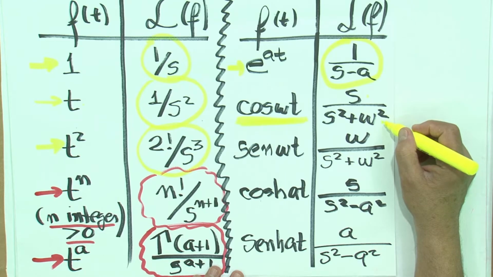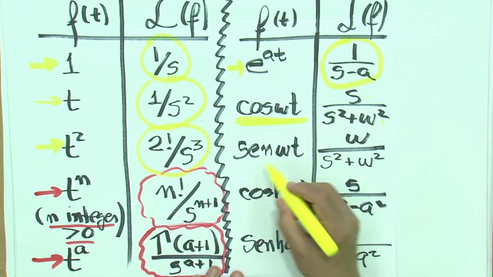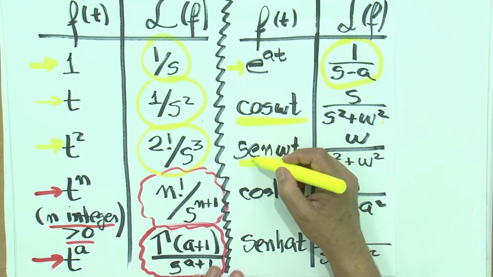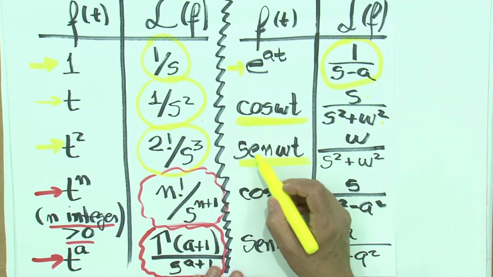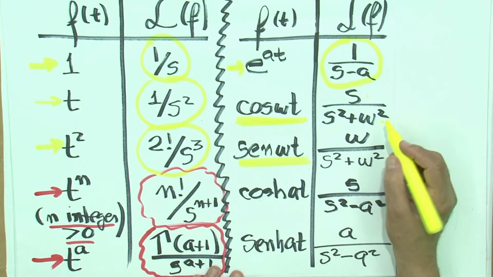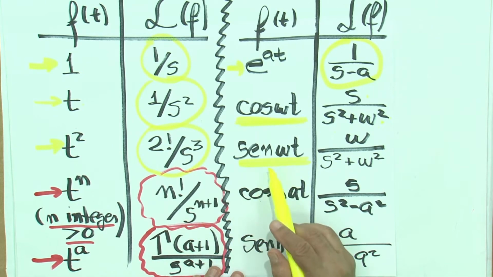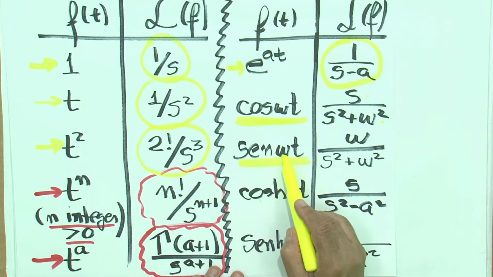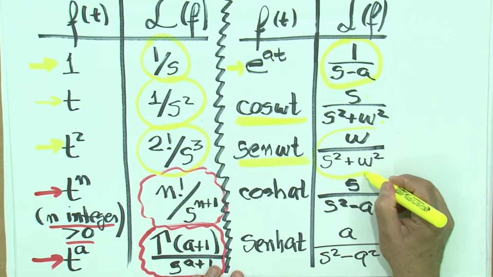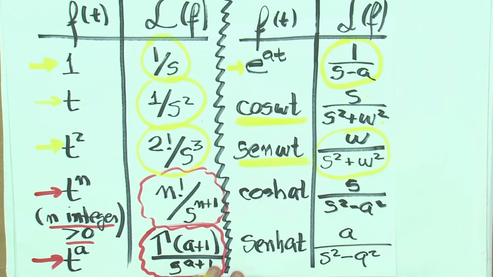If it is a sine function, I know that sometimes it is written 'si', but I like to always put 'se', to obey the origin of the notation. So sine of omega t has as Laplace transform omega divided by s squared plus omega squared.